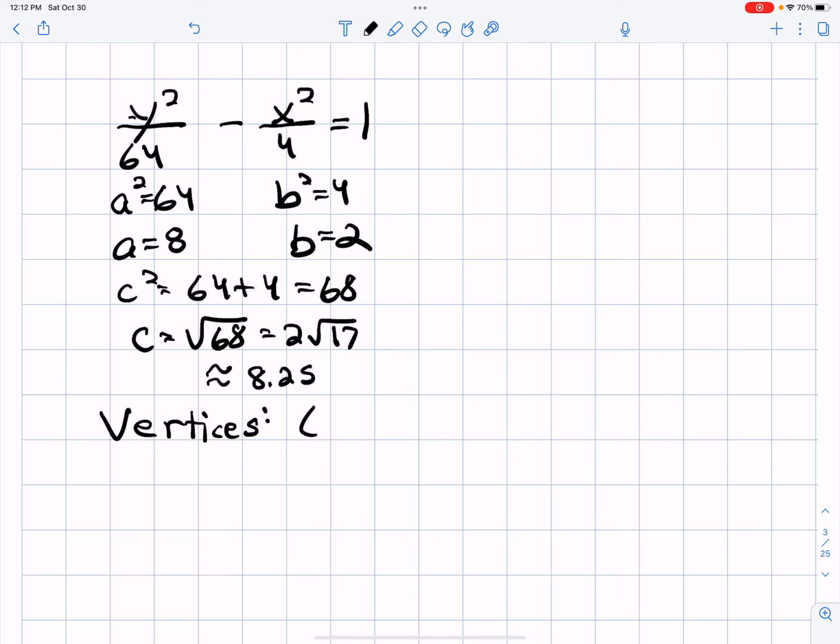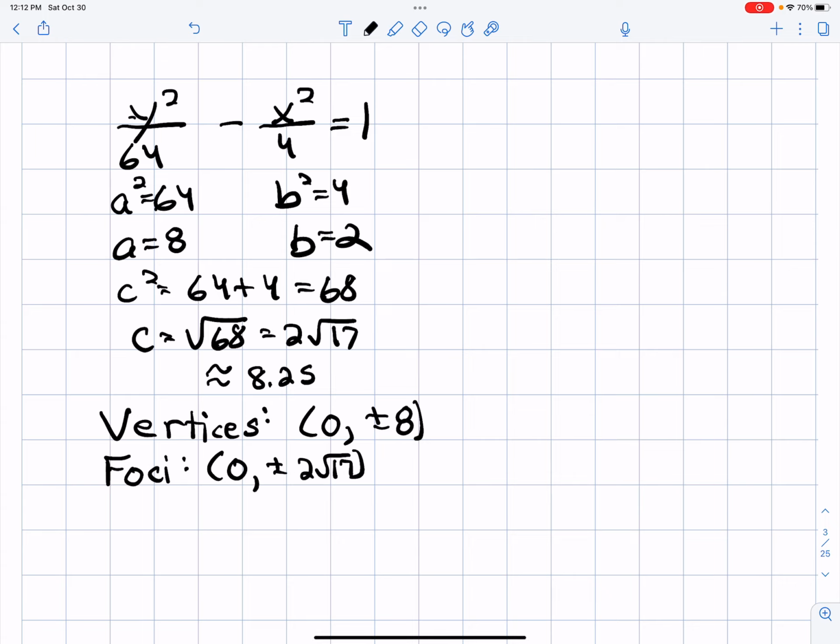So it's going to be 0, comma, plus or minus 8 for our vertices, because it's going to be along the y-axis now instead of the x-axis. And then our foci also now along the y-axis. So it's going to be 0, comma, plus or minus 2 square roots of 17.